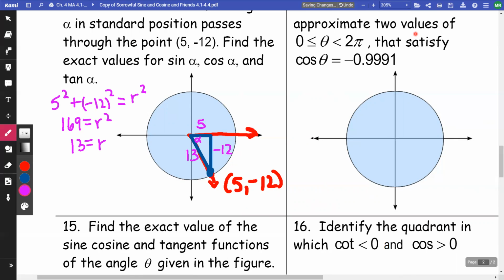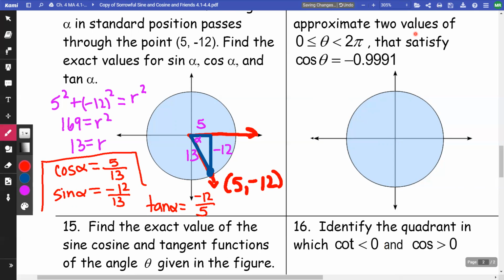And so now when I'm talking about cosine, cosine is going to be adjacent over hypotenuse. Sine is going to be opposite over hypotenuse. And tangent is going to be opposite over adjacent. And so those are our answers.